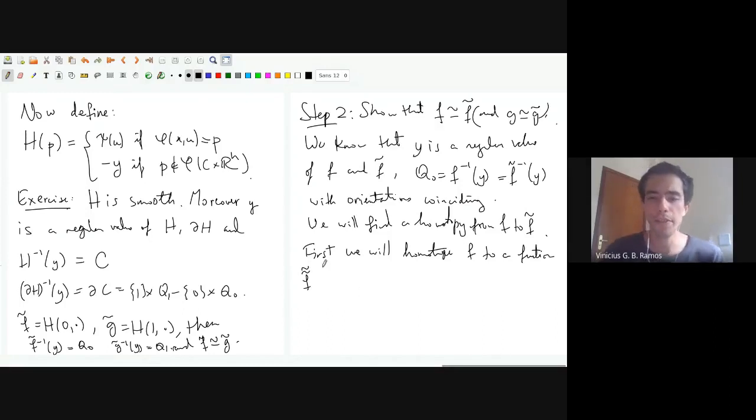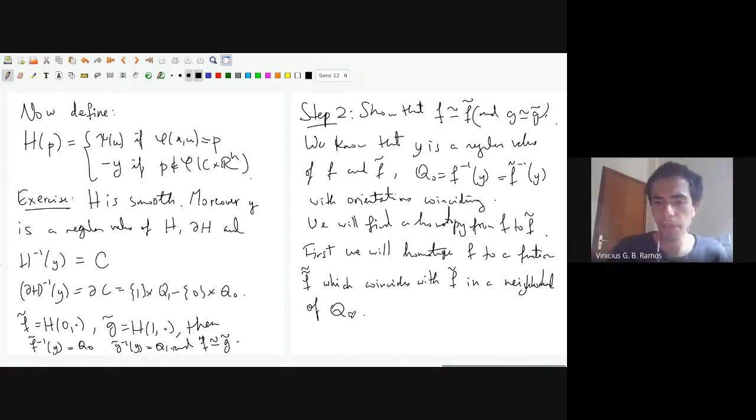Let's homotope f to another function f tilde tilde, which coincides with f tilde in a neighborhood of q0. So first I'm just going to homotope f so that it coincides with f tilde in a neighborhood of q0. Okay, so how do we do that?